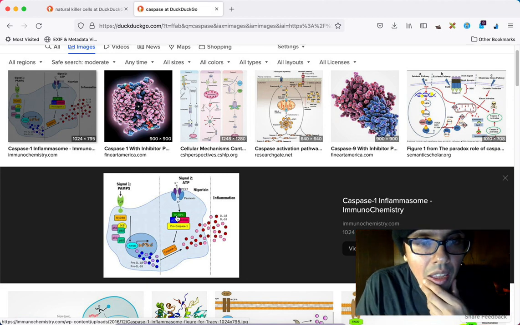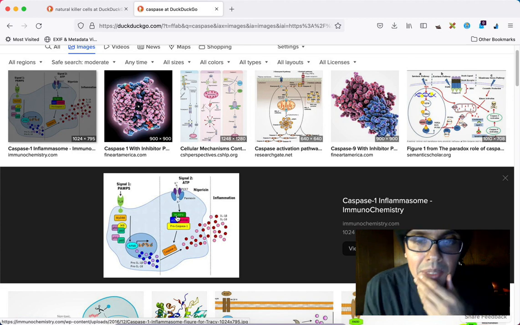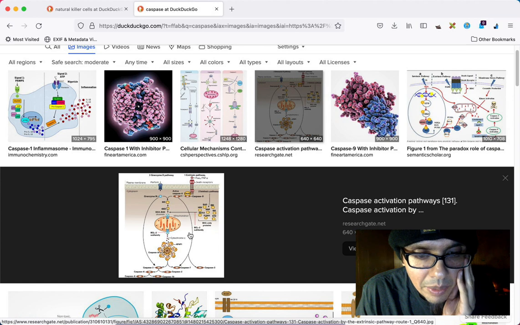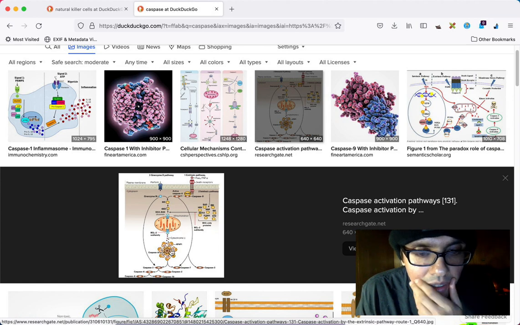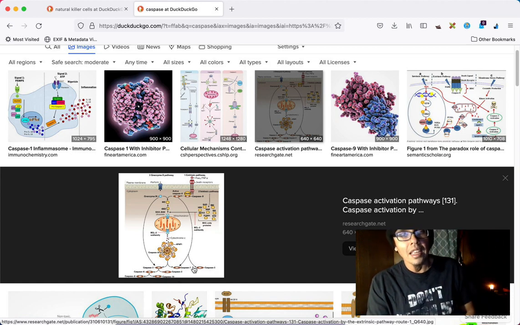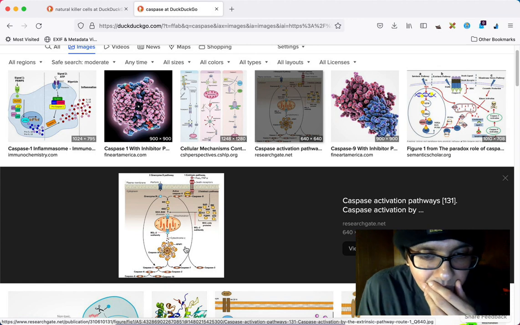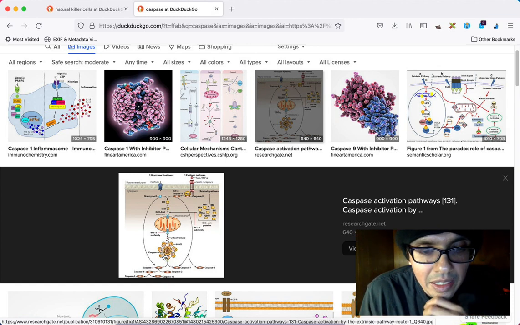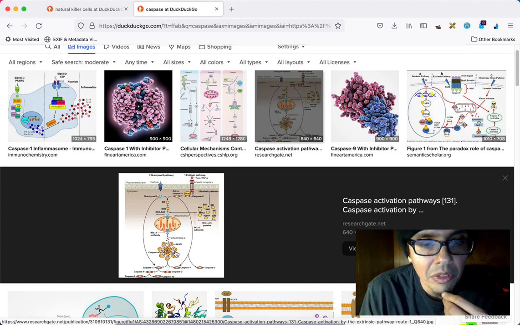We'll talk about caspases in the future, but caspase activation is really important because caspases have a very particular series of components. Caspases are created through the interaction of the inflammasome, which we've talked about before.